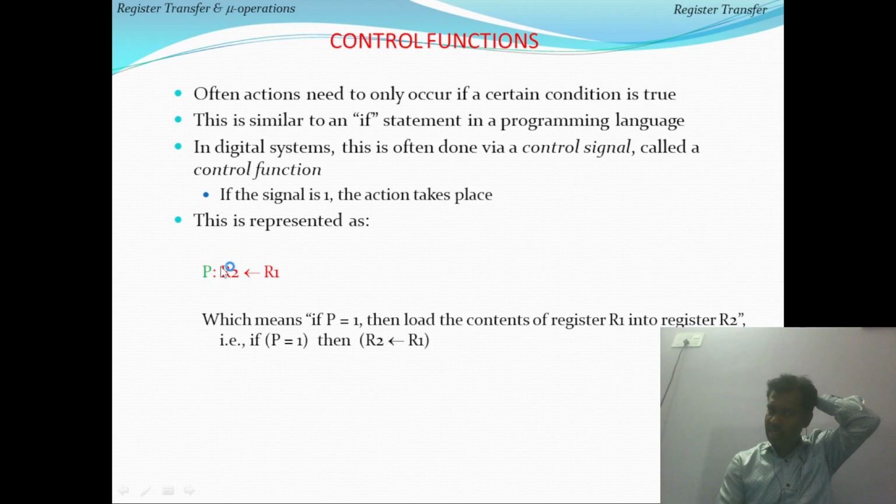So if load is 1, the data from R1 will be stored into R2. And the clock is commonly connected to both. So when clock is high, both will be enabled, and the transfer will be enabled only when load is 1. So this is a timing diagram. The clock pulse t to t plus 1, the load is high, but for the remaining time the load is 0.